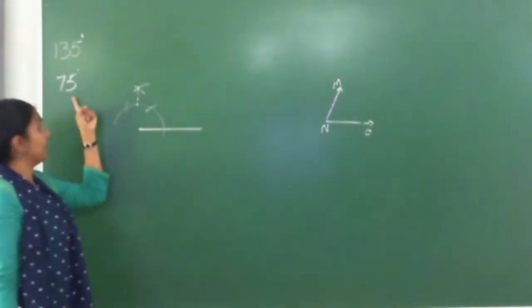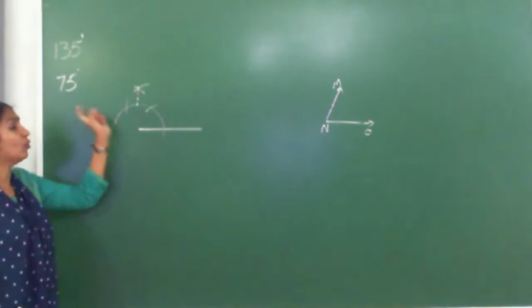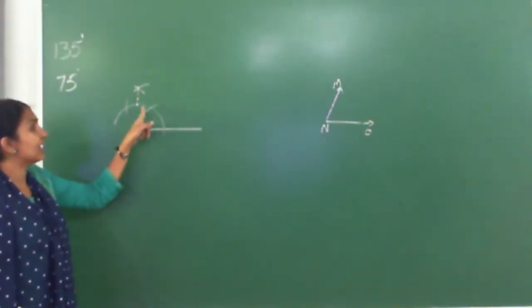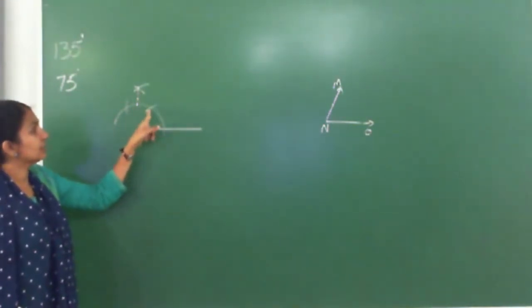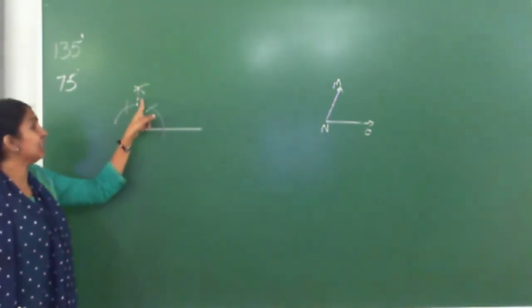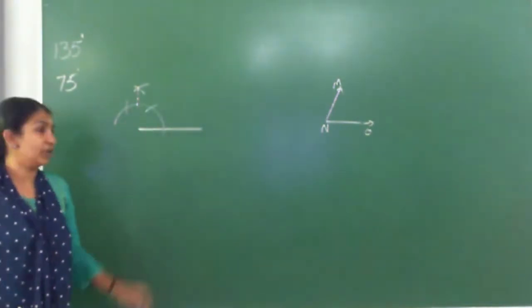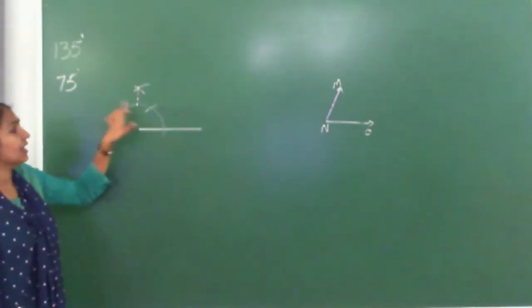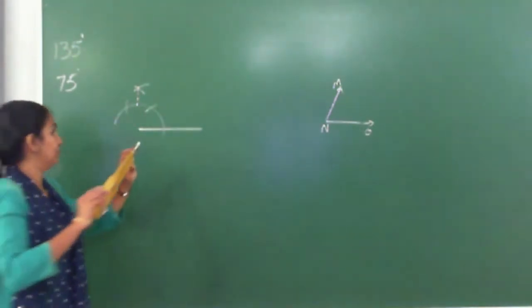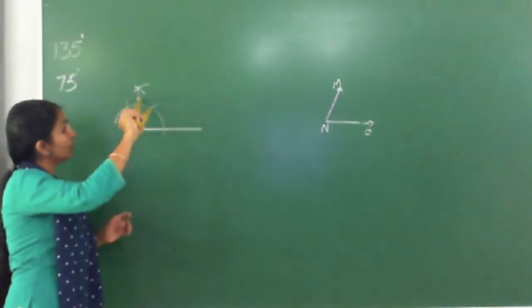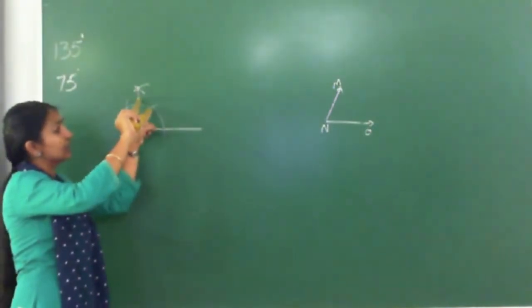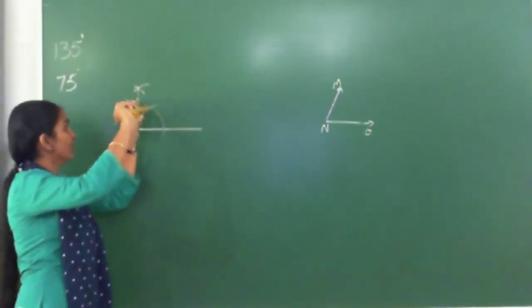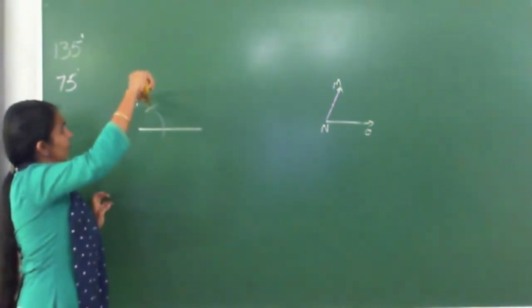It is the 75 degree angle, so we want to bisect this 90 and 60. Then this angle is 30, and its half means 15. So we don't need any other things. Just bisect this 60 and 90 degrees. For that we keep our compass on the 60 and 90 only.